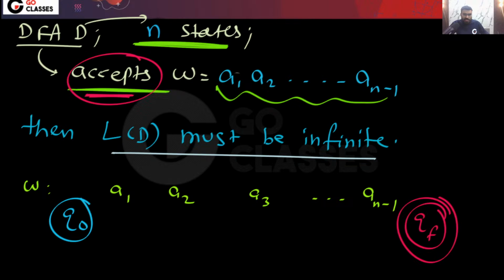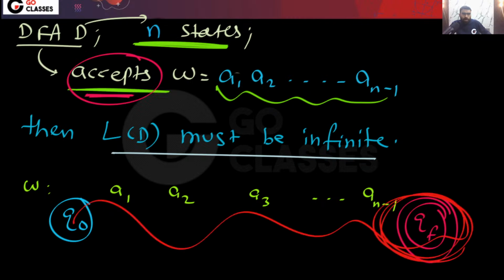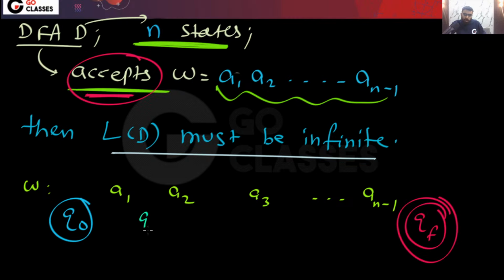Initially, you are in the initial state. Now, if you want to avoid the loop from the initial state to this final state, what do you need to do? You need to keep using new states.